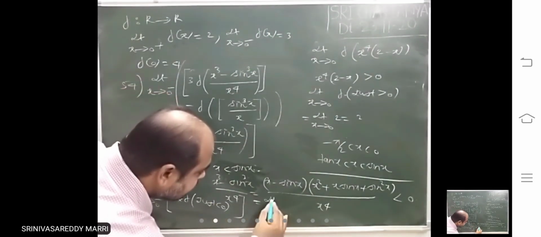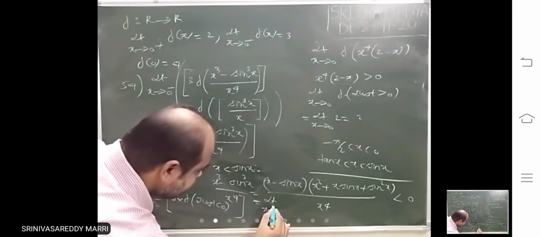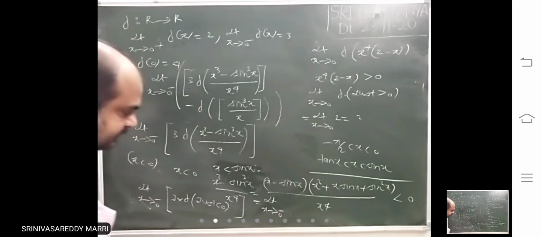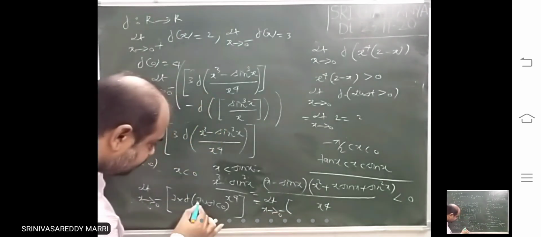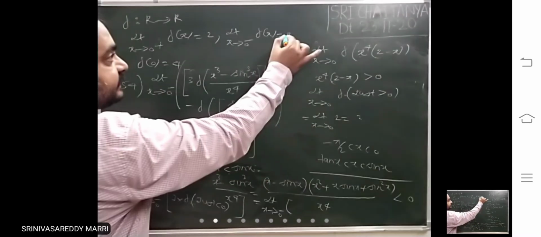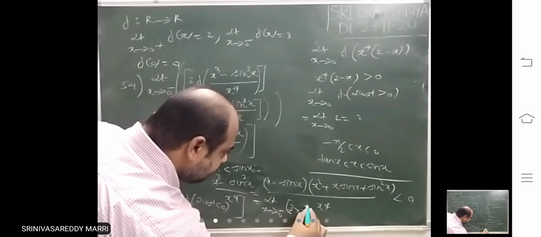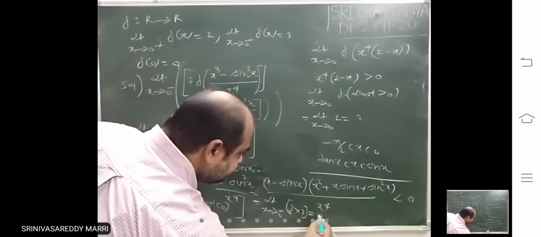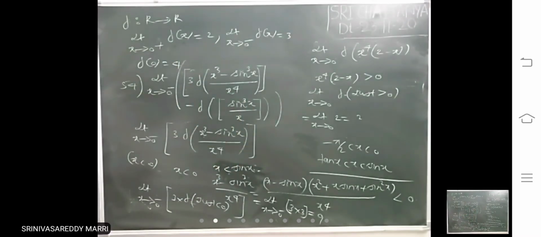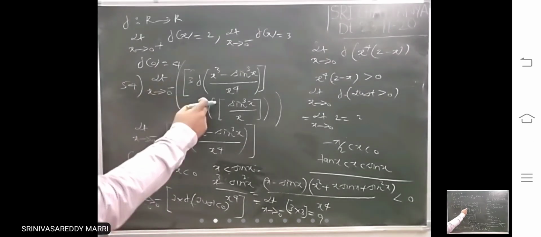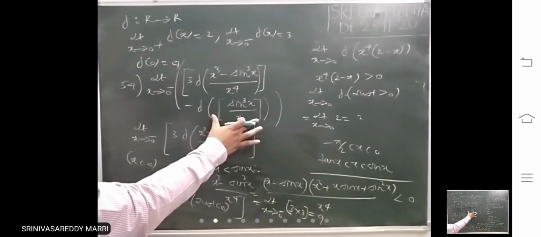That means limit x tends to 0 minus step of 3 into 3, step of 9 is 9. Right? So the first one I have calculated.